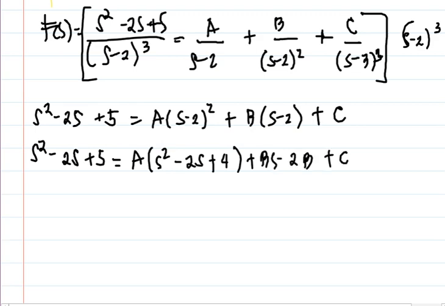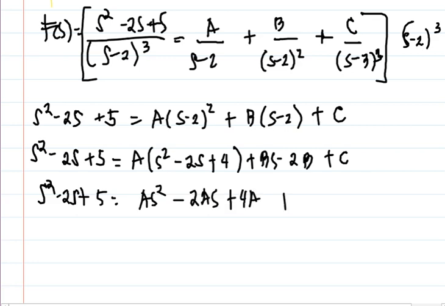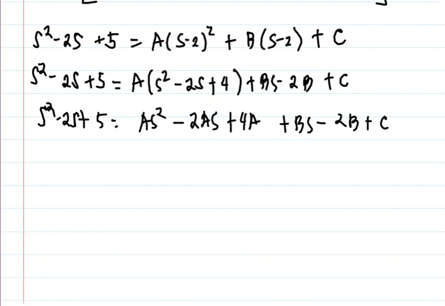Next, we combine. We have s squared minus 2s plus 5 is equal to As squared minus 4As plus 4A plus Bs minus 2B plus C. So, all the s squared terms: 1 is equal to A. So, automatically, we have one of our values.